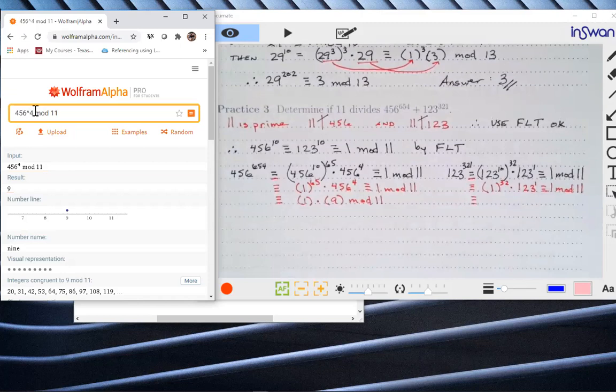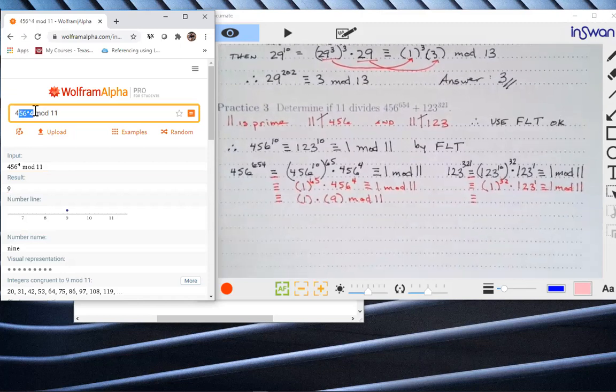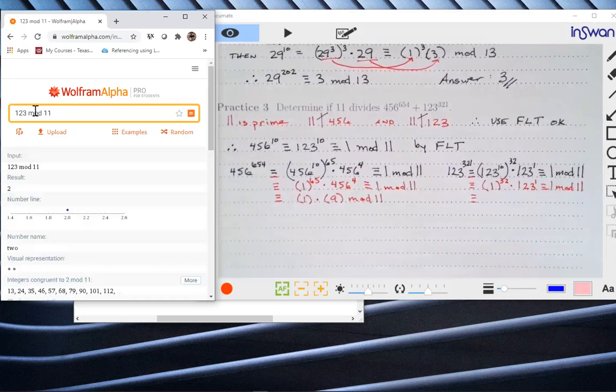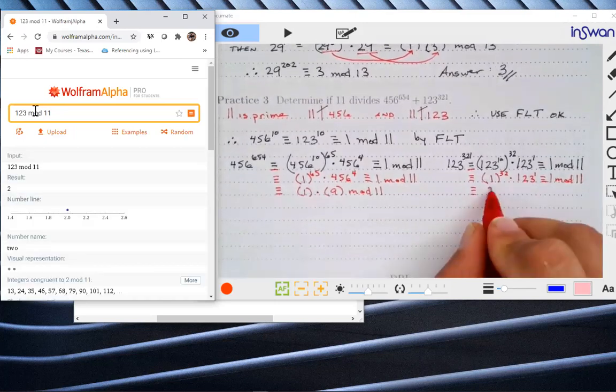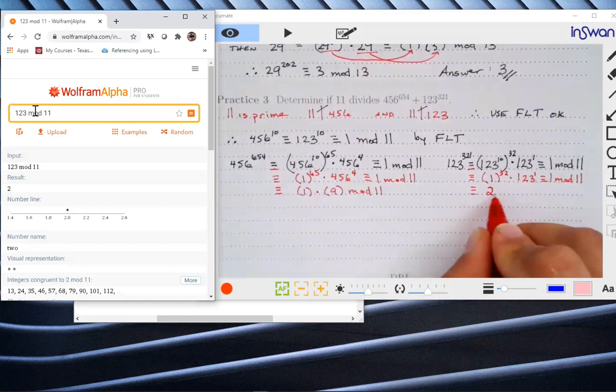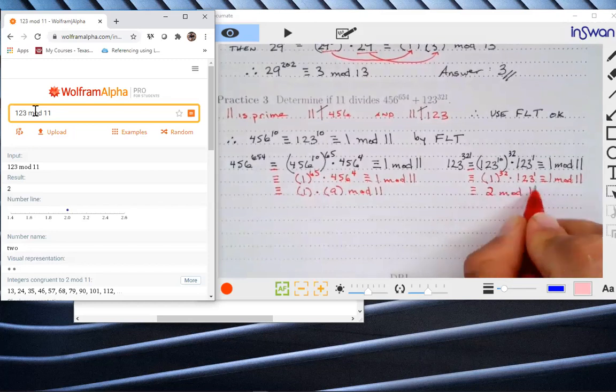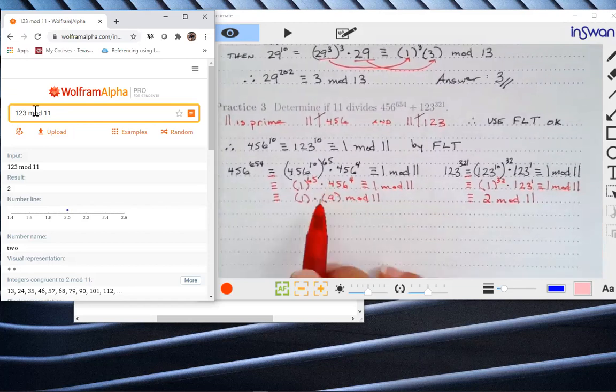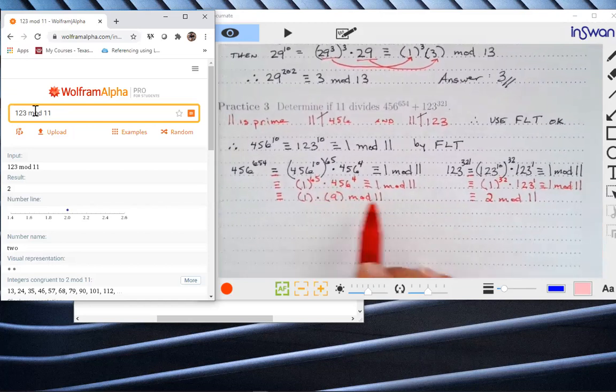Right, if you're not sure, we could use technology to help us. And that is 2 mod 11.